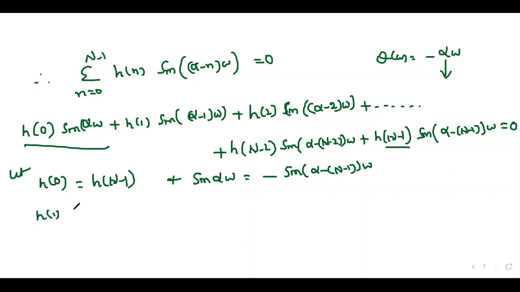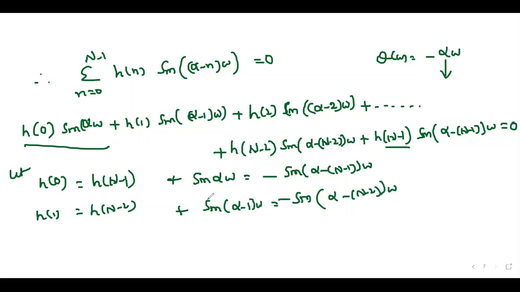So then we can get cancellation similarly. Next, h of 1 is equal to h of n minus 2, these two terms, and also sine of alpha minus 1 into omega is equal to minus of sine of alpha minus n minus 2 of omega. If these conditions are satisfied, then these terms will be cancelled and finally you will get 0.